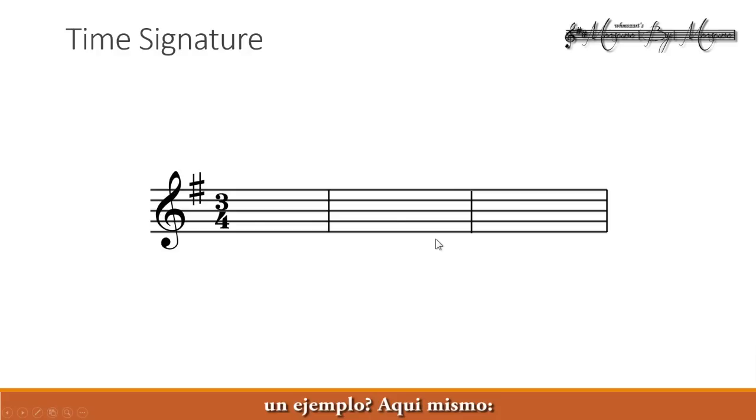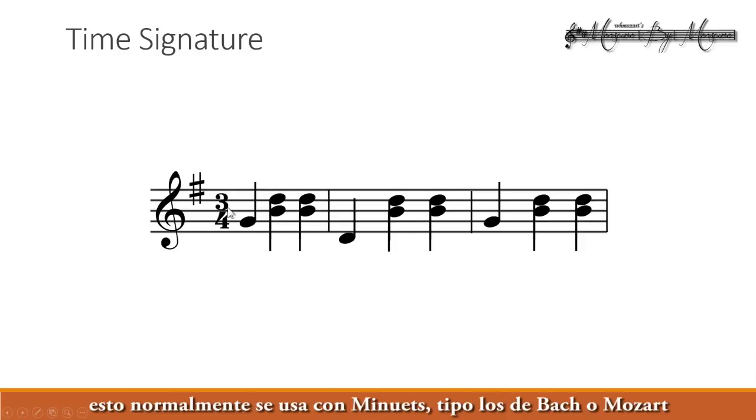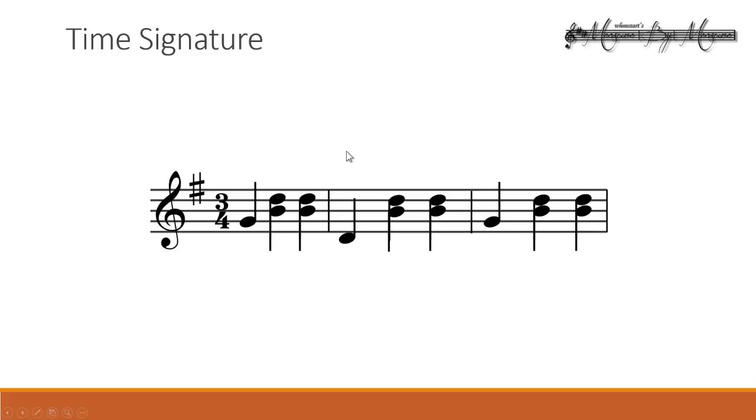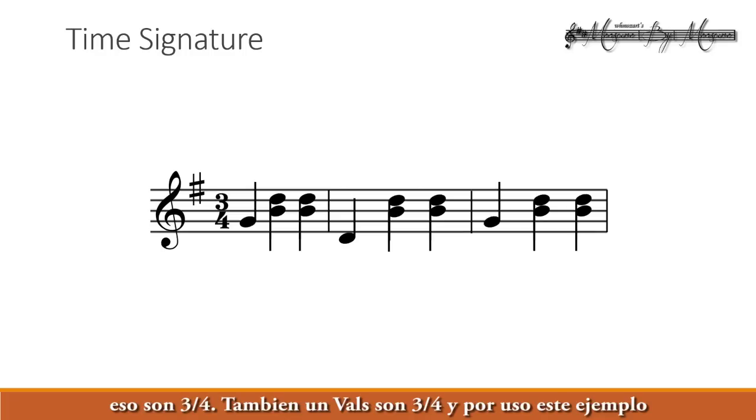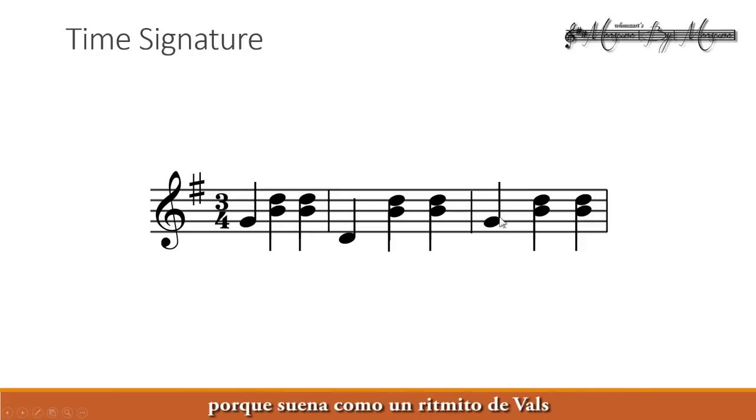An example right here. And this is usually used with minuets, Bach minuet and Mozart, dun, dun, dun, dun, dun, dun, dun. That's 3 fourths. Then a valse, those are usually 3 fourths, and that's why I'm using this example, because it sounds a lot like a valse rhythm. So you can see that it's 3 beats of quarter notes.